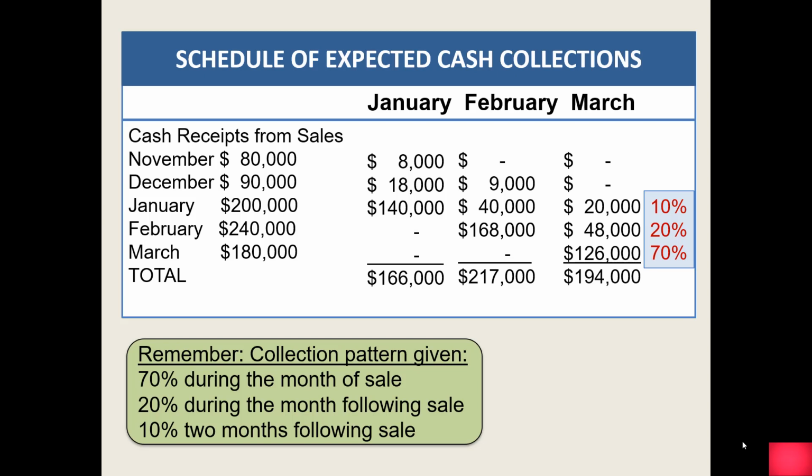Total cash receipts during March, $194,000. So you can see that while sales are $200,000 in January, it takes 3 months to collect that $200,000.